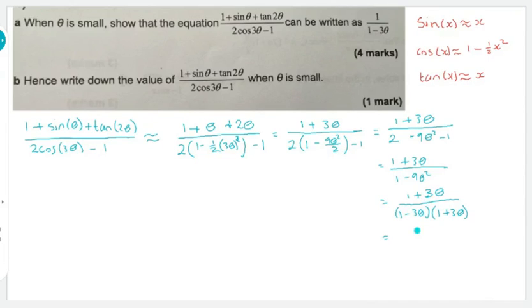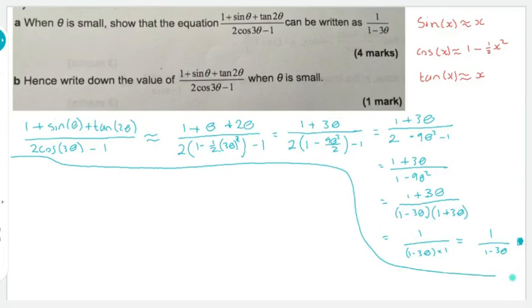Dividing the top by 1 plus 3 theta gives 1, and dividing the bottom also leaves 1 minus 3 theta. So you're just left with 1 over 1 minus 3 theta, as required. Any questions? No, that makes sense.